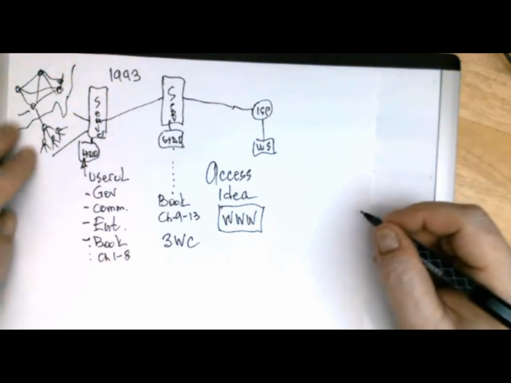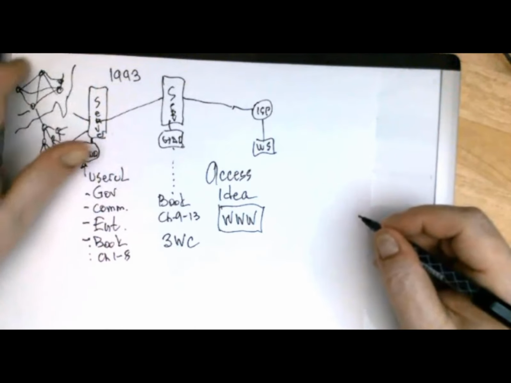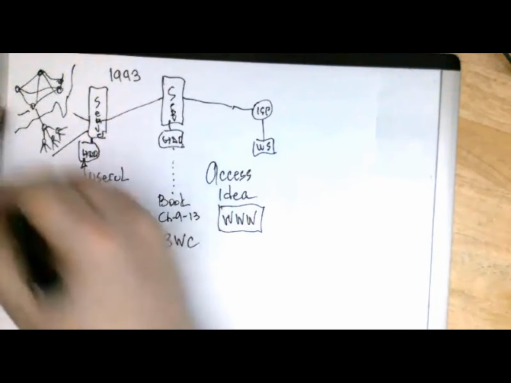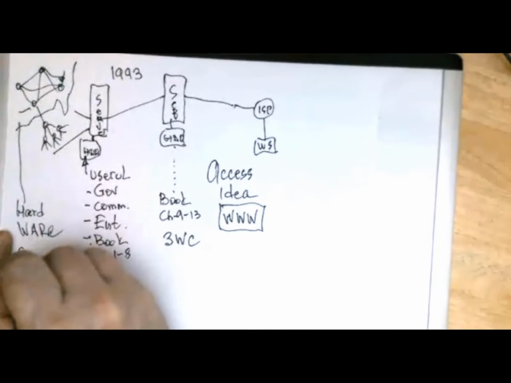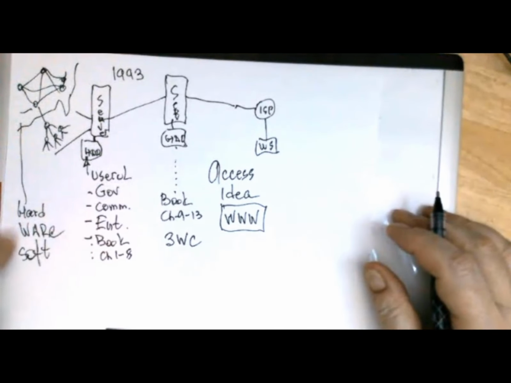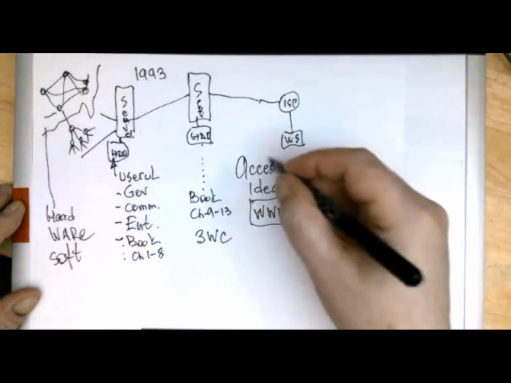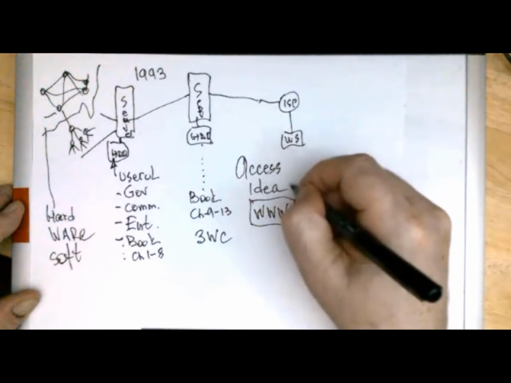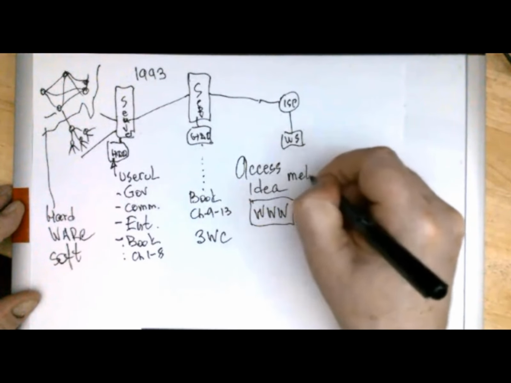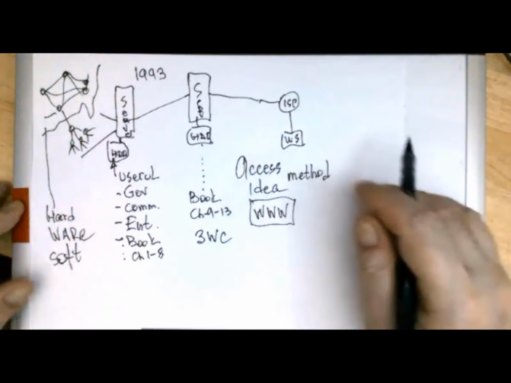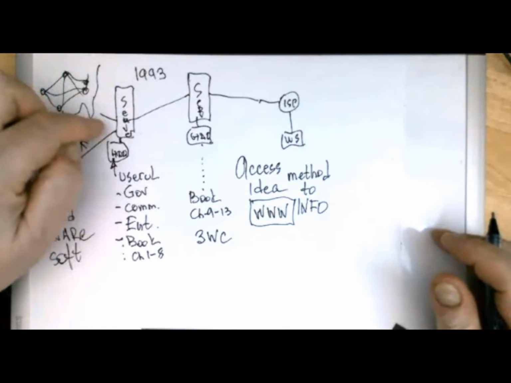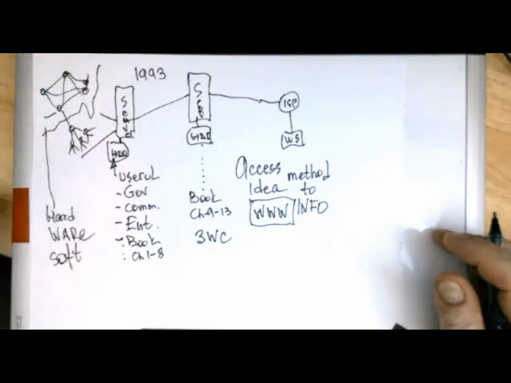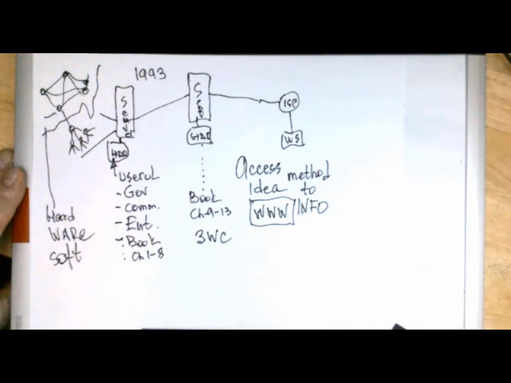If the internet is the telecommunication skeleton that gives you hardware and software for communication, the World Wide Web is an access idea or access method to what? To the information that is lying on these servers. That was a brilliant idea.